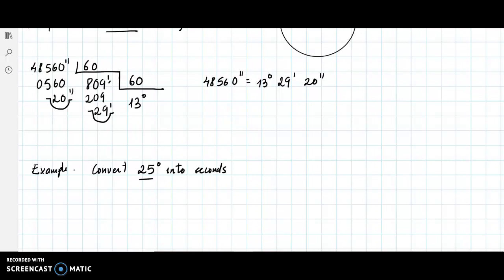So to transform degrees into seconds, we have to multiply 25 by 60 to convert into minutes, and by 60 again to transform the number into seconds. So this 60 times 60 is the same as multiplying the number 25 by 3,600. This way we are going to get seconds.